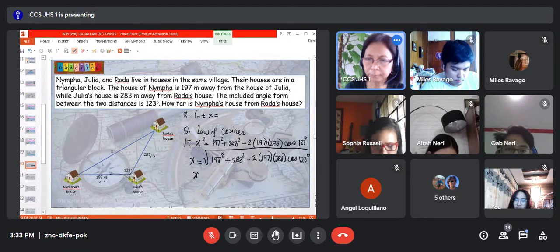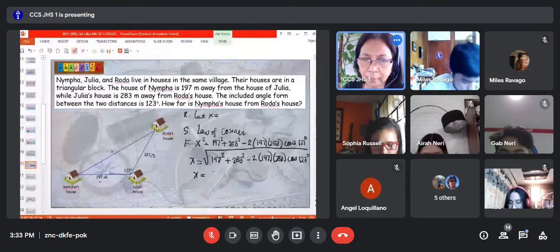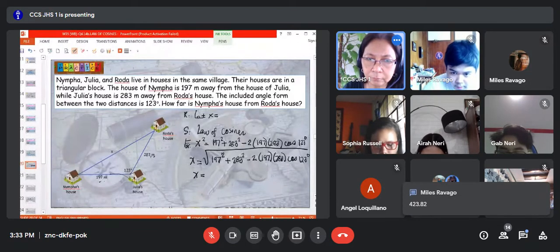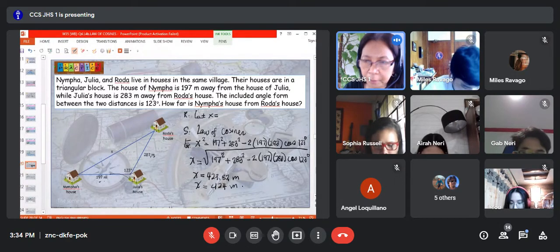Now your x is 423 meters, or approximately equal to what? 424 meters. And then you have to write your answer.